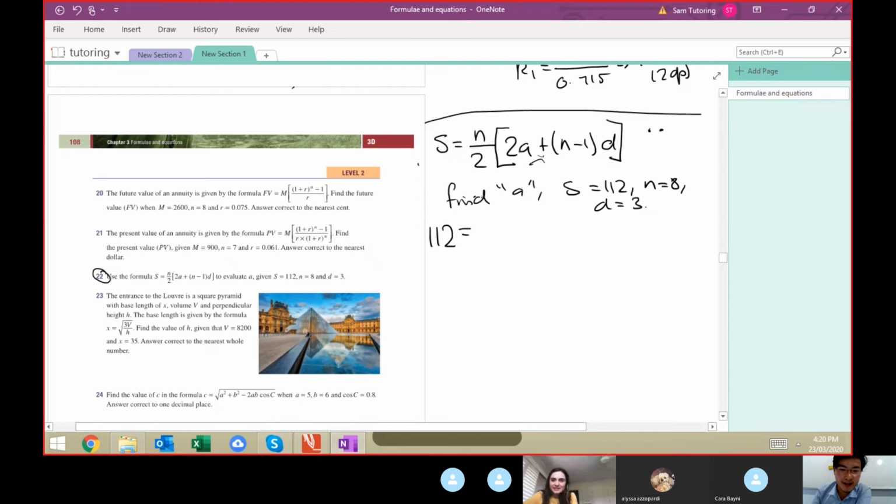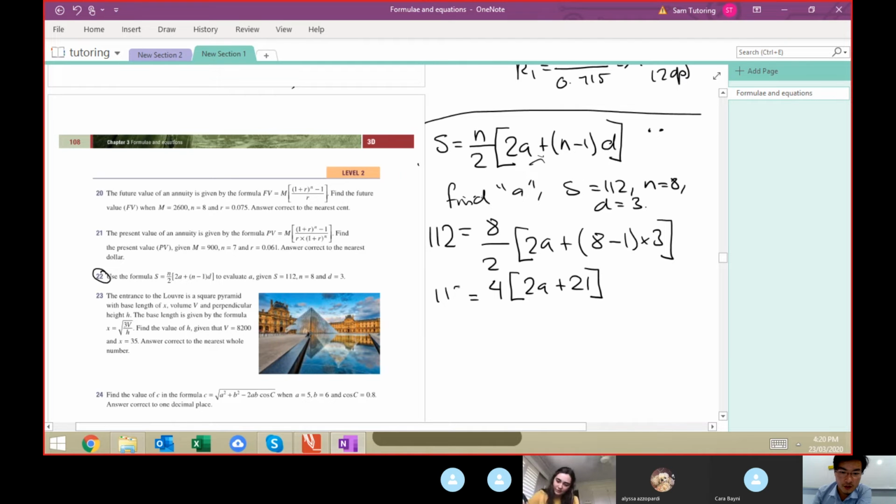Okay. So we're trying to find A. We know value N, so we say 8 over 2, big bracket, 2A plus 8 minus 1 multiplied by 3, close brackets. This front here, 8 over 2 is just 4, close bracket, open bracket, 2A plus 8 minus 1 is 7, 7 times 3 is 21, close bracket, equals 112.